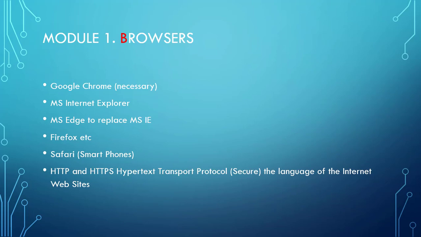And then final comment, we looked at HTTP. HTTP stands for Hypertext Transport Protocol, and there is another version of that which is called HTTPS, which is Hypertext Transport Protocol Secure version, and the secure version is the one which is preferred by Google.